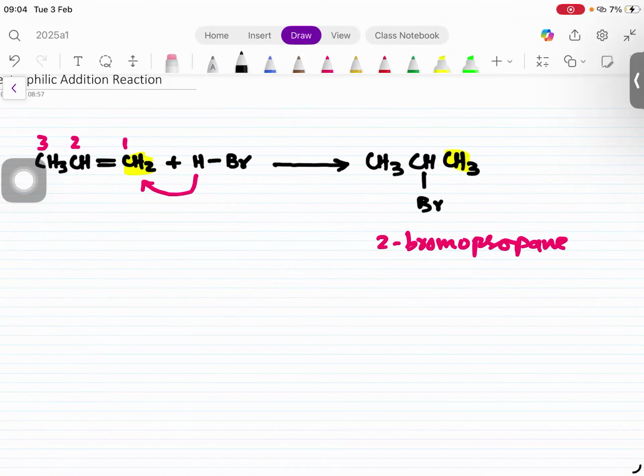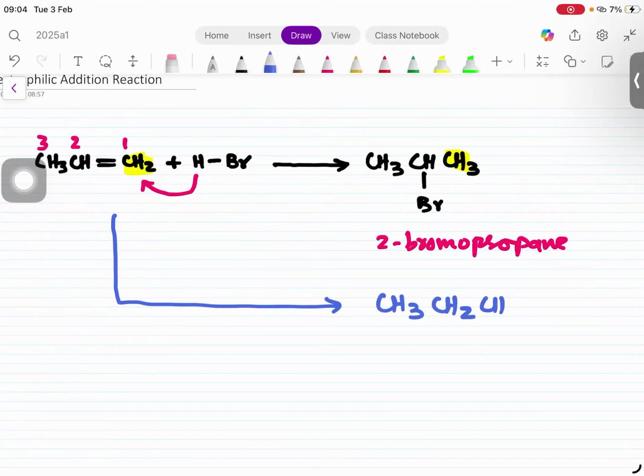Let me tell you. If the hydrogen goes to carbon number 2, then Br is going to go to carbon number 1. In that case, the product will be, look at this, CH3, this will become CH2, and this is CH2Br. So the product will be 1-bromopropane.